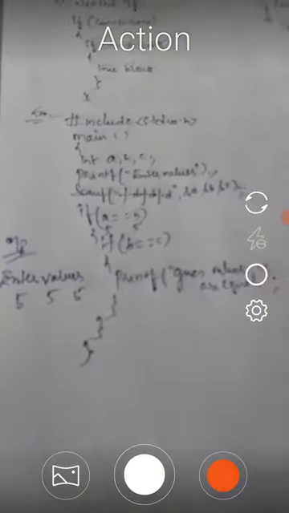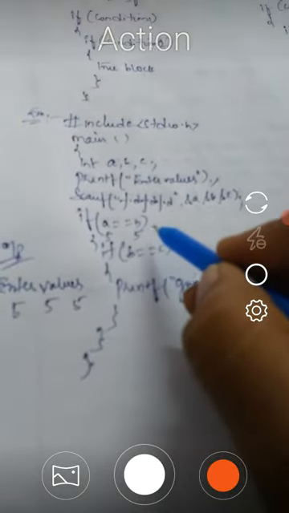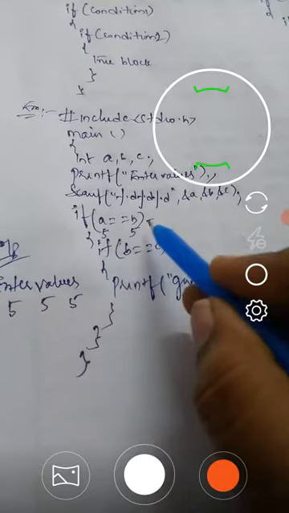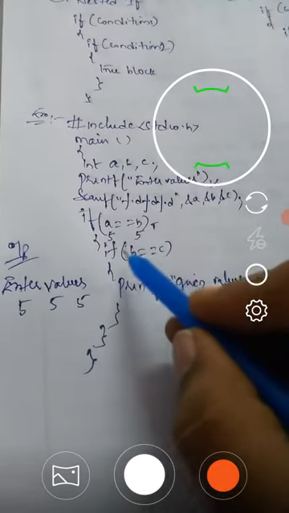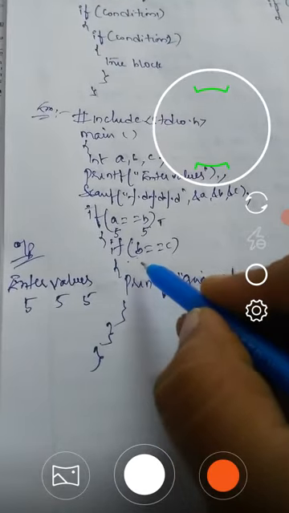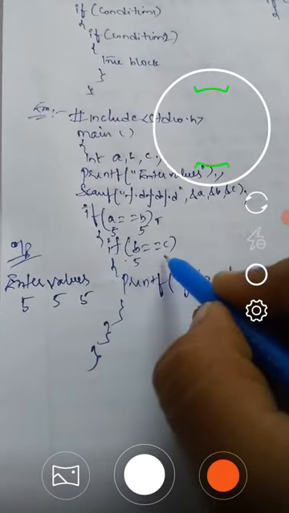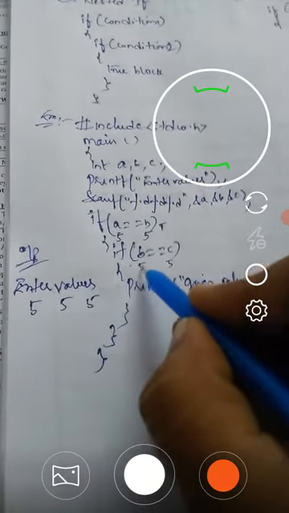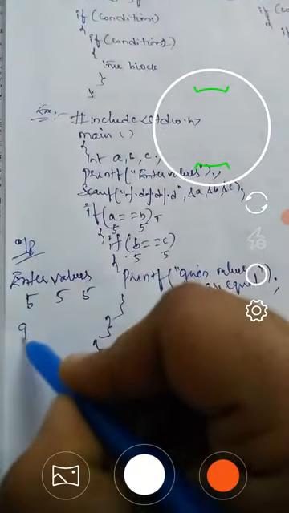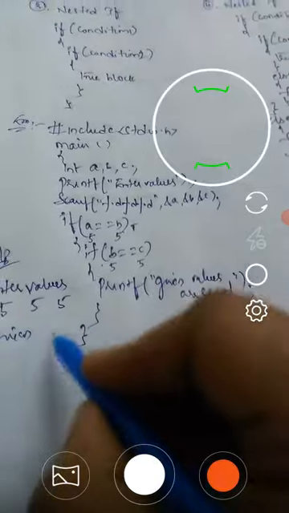Here 5 is always equal to 5, so this statement is true. Then it checks another condition, whether b is equal to c or not. Here b is also 5 and c is also 5, so b is equal to c.